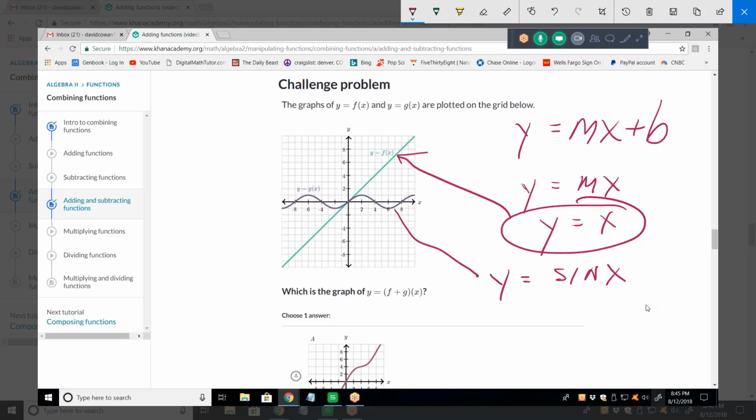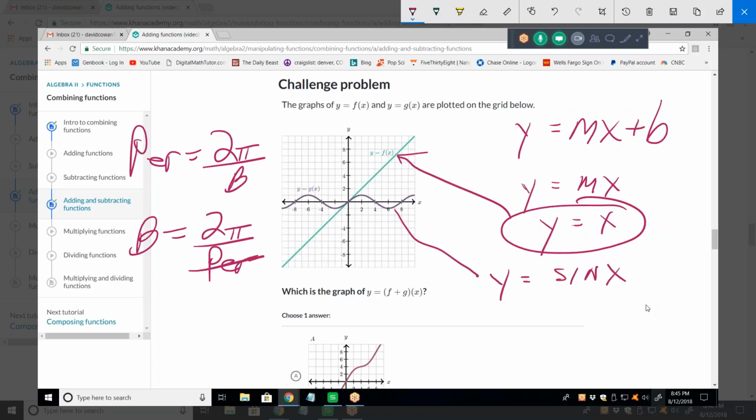So it must be, let's see, the period equals 2 pi over b. So b equals 2 pi over the period. The period is 8, so it's pi over 4. So this thing is y equals sine of pi over 4 times x. So that's what this function is.